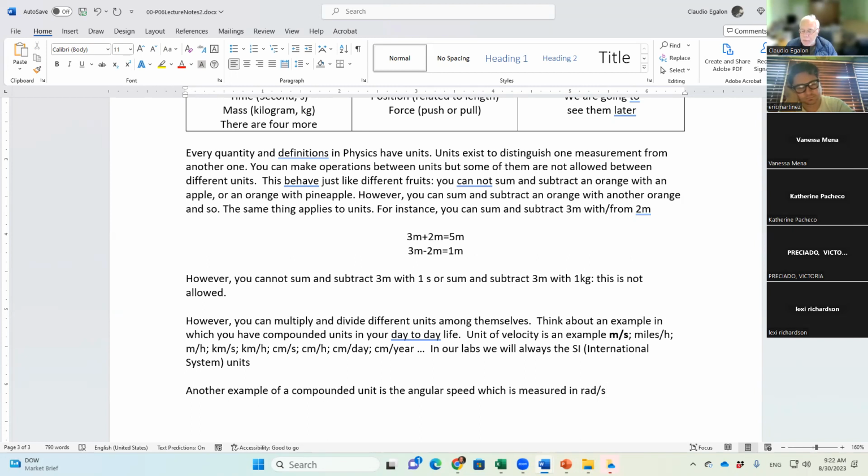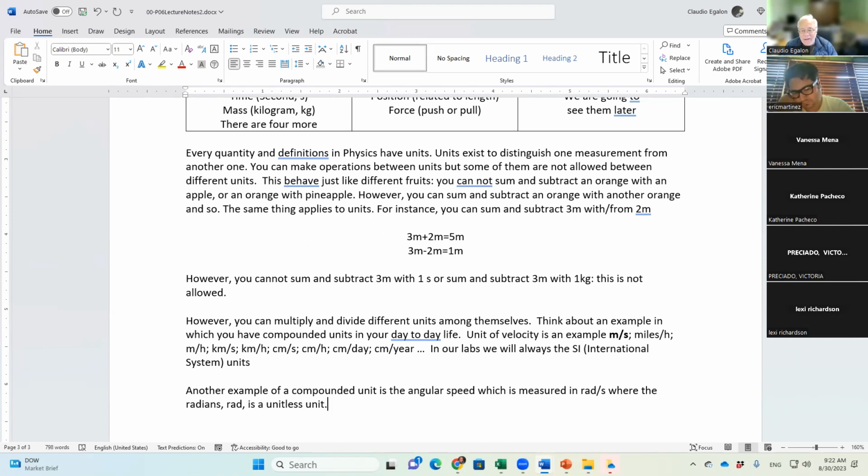But you've got to be careful about this unit here. This is a unit of angle. The radian, written down as rad, is a unitless unit. We're going to talk about that.